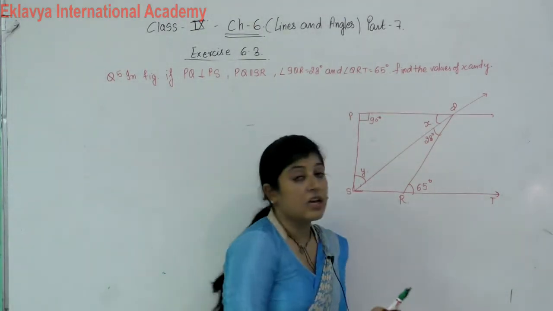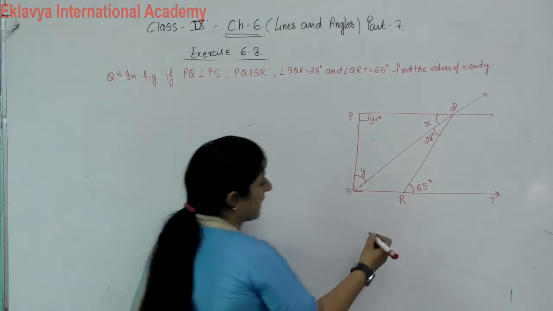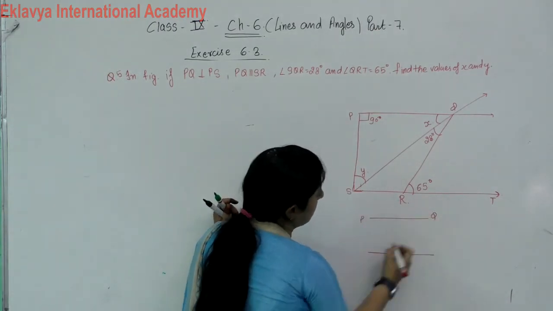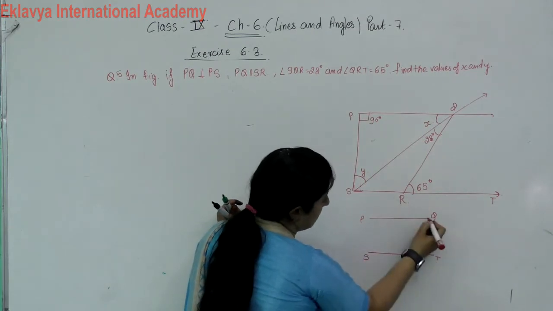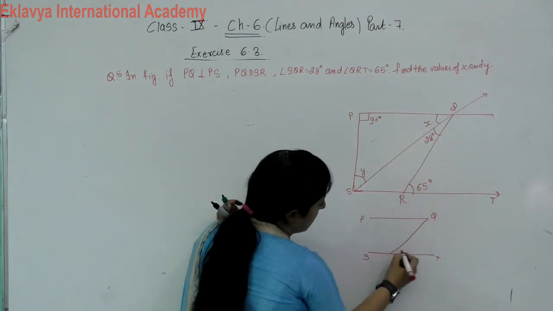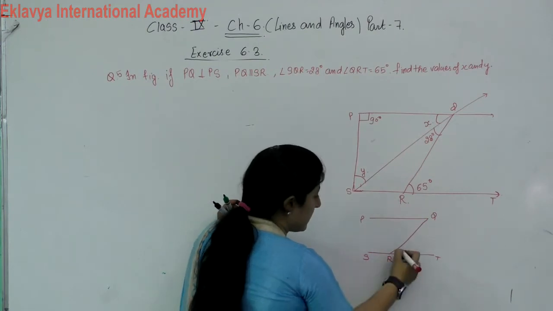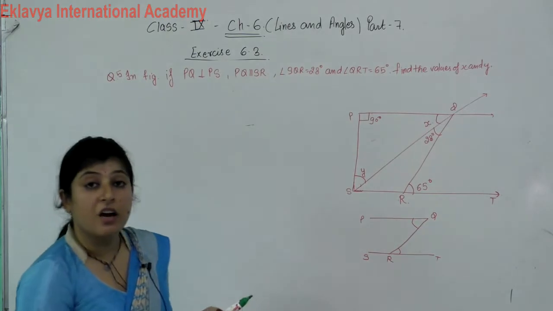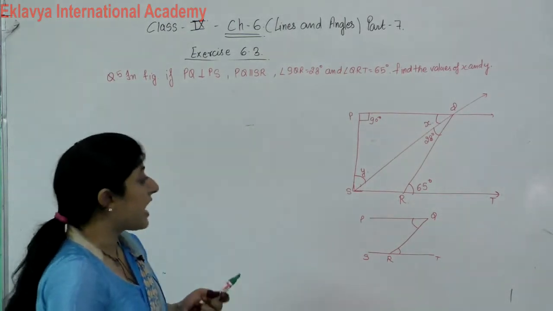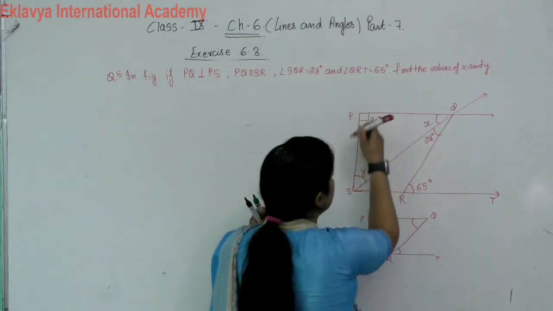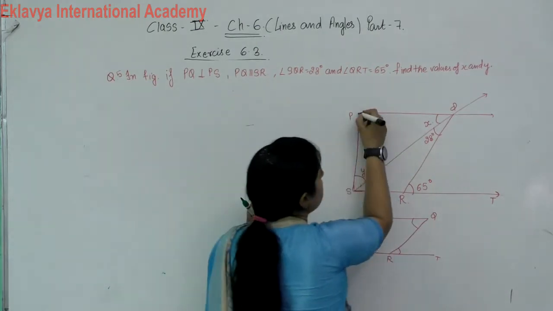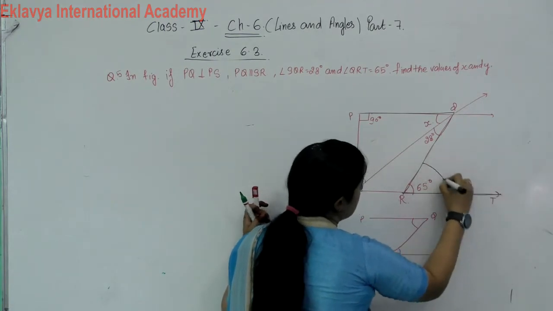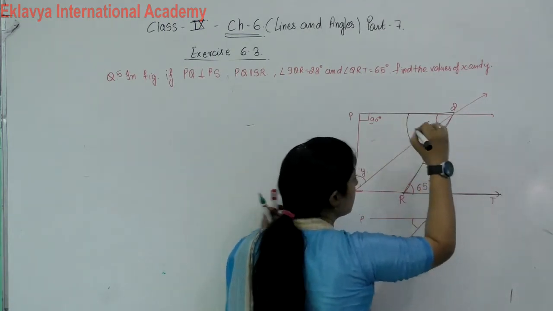Now see, if you have two parallel lines, PQ and ST, we can take this one as the transversal. Which type of angles are they? We can say alternate interior angles. So see here in this diagram, this angle PQR is equal to this one, QRT.